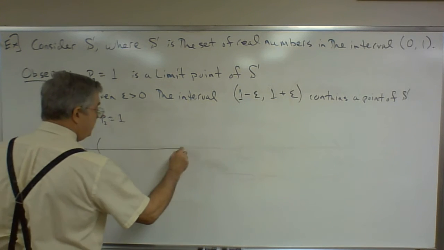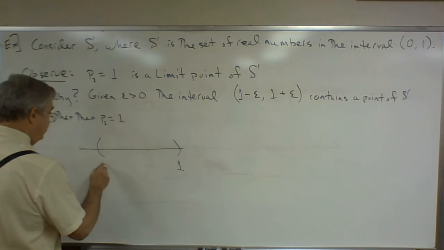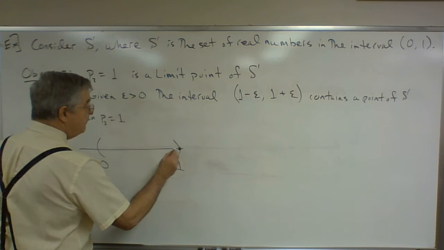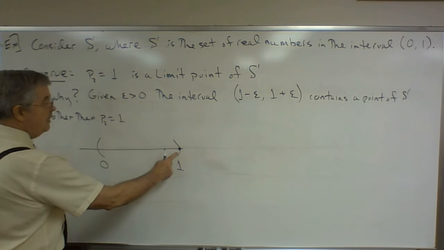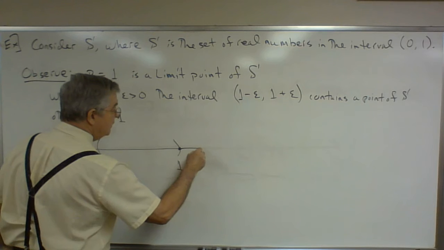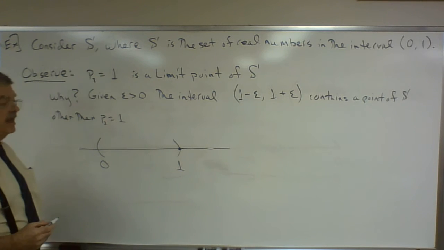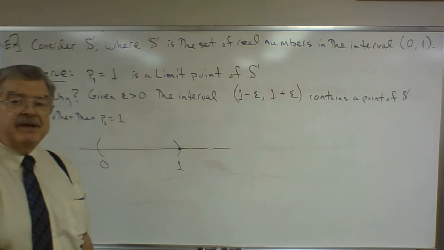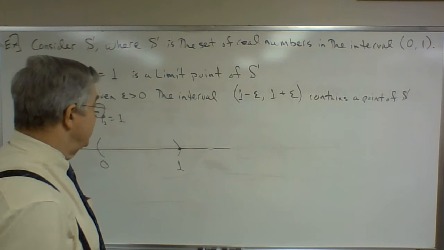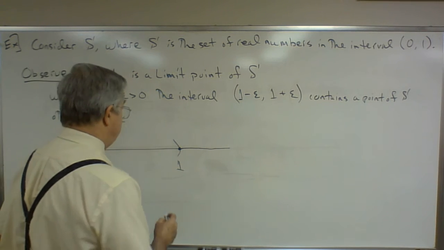Here's 0, here's 1. And now P2 equals 1 is our candidate for limit point. Suppose we have a really big value of epsilon. Let's say epsilon bigger than 1.